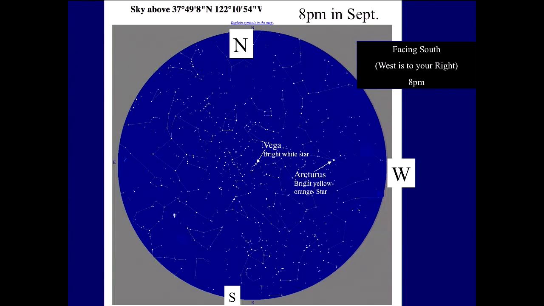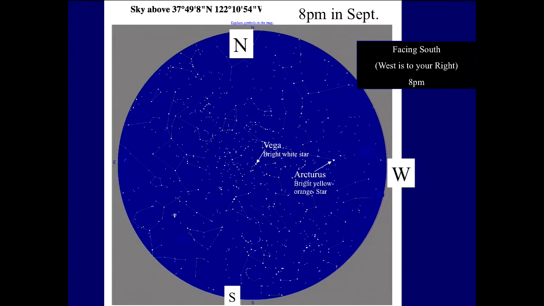In addition, there's another bright star in the west, about halfway down angularly, 45 degrees from overhead, or in other words, 45 degrees up from the horizon, is this star called Arcturus. It's almost as bright as Vega, but it has a distinctive yellow, almost orange color to it. So you might be able to look up into the night sky and just ask yourself, where are the two brightest stars?